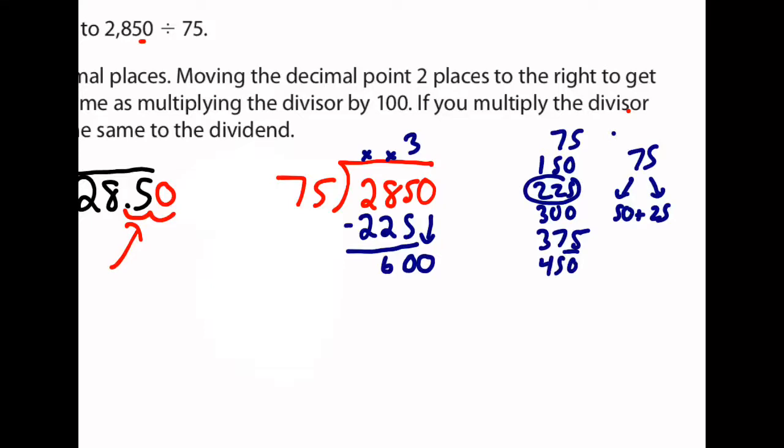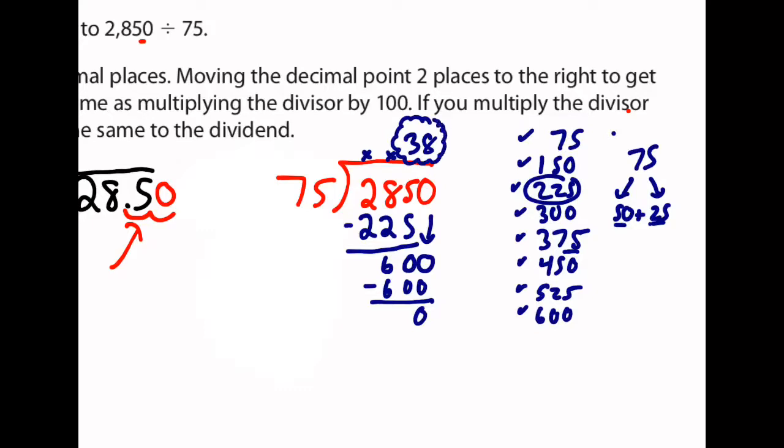So 450 plus 50 is 500, plus 25 is 525. And 525 plus 75 is 600. So now, how many times does 75 go into 600? It goes 1, 2, 3, 4, 5, 6, 7, 8. 8 times, which is 600. Subtract 0. So my exact answer is 38.